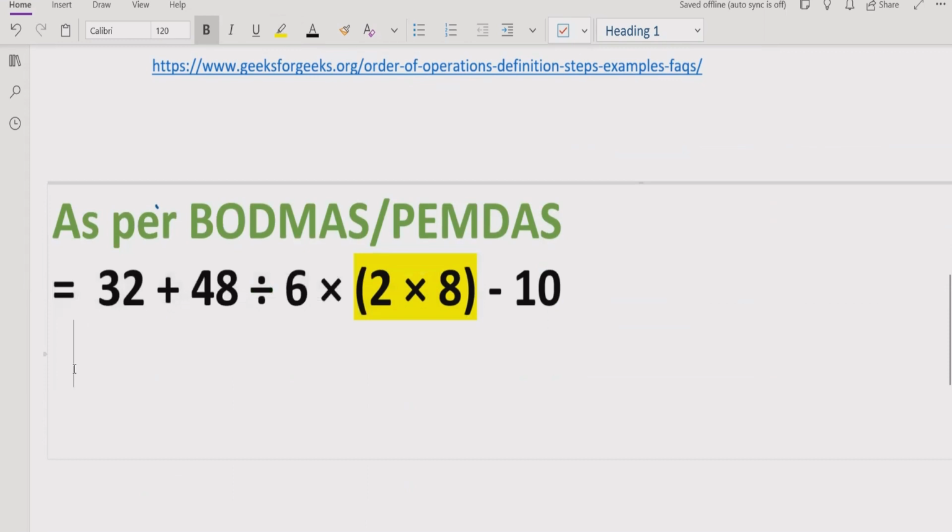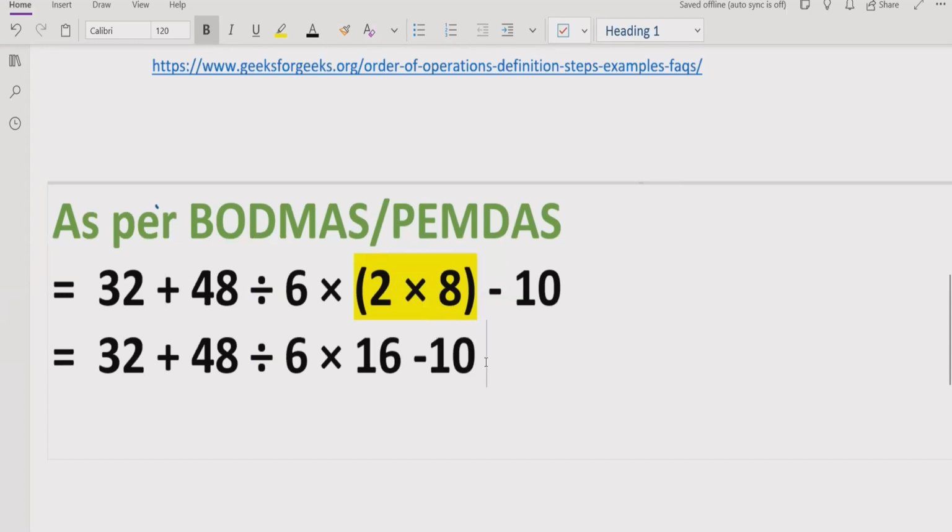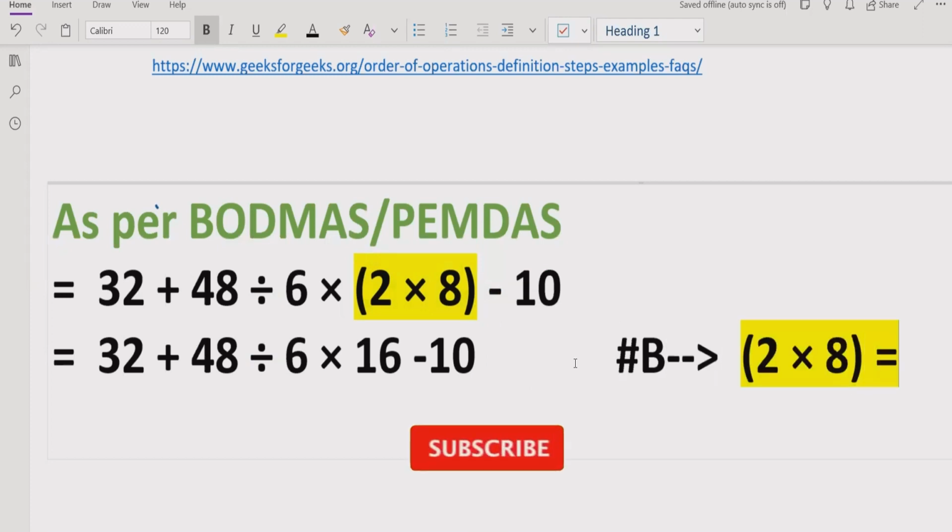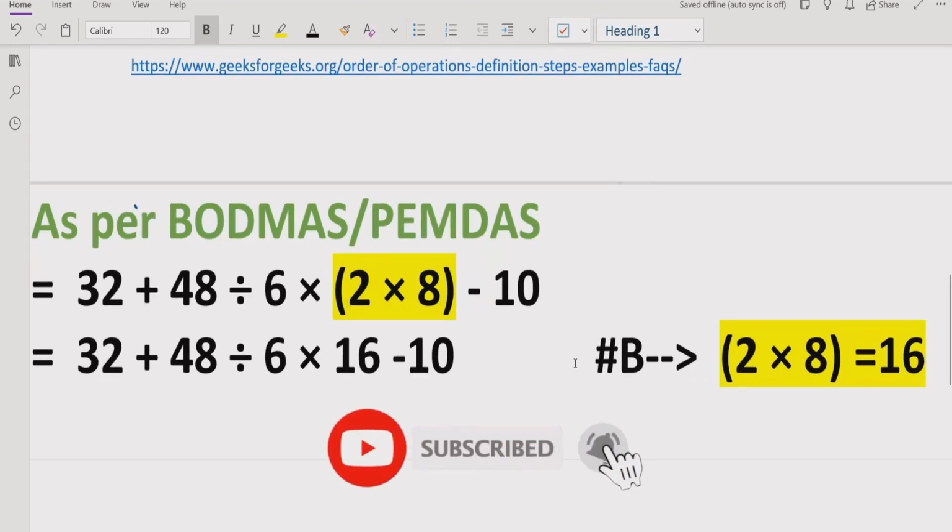So we will write this part as it is, and 2 multiplied by 8 equals 16, minus 10. And here we give the reference: we solved the bracket, B for bracket. So 2 times 8 is 16.